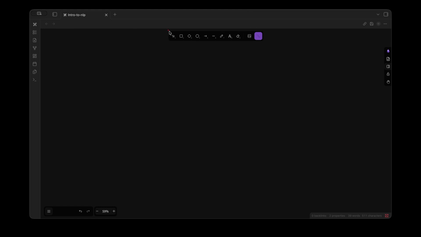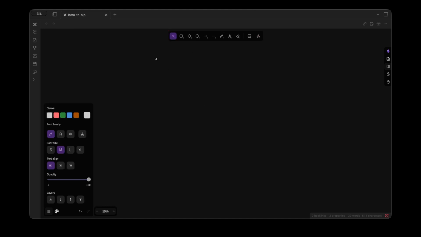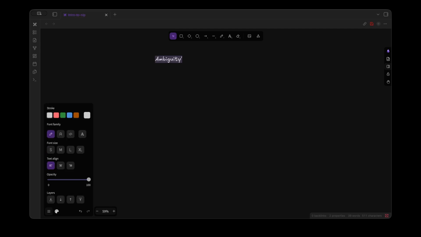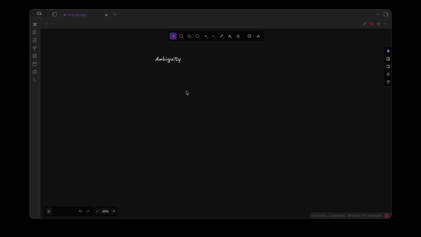So right now we're going to understand ambiguity. Okay, I'm going to make it a little bit bigger. Ambiguity basically means that in natural language, what we mean and what we say don't always go hand in hand.